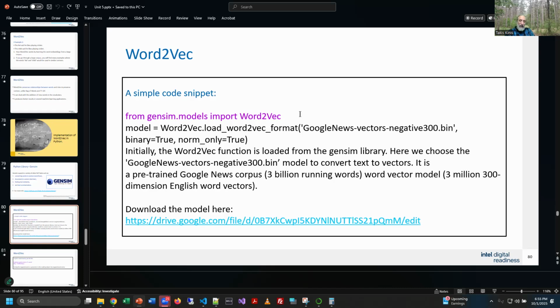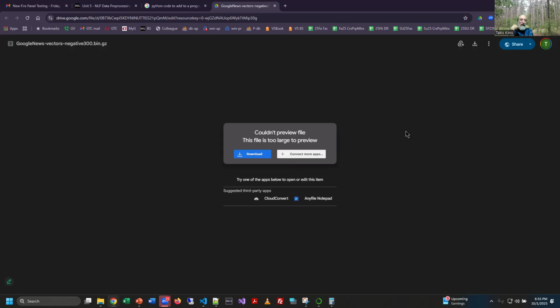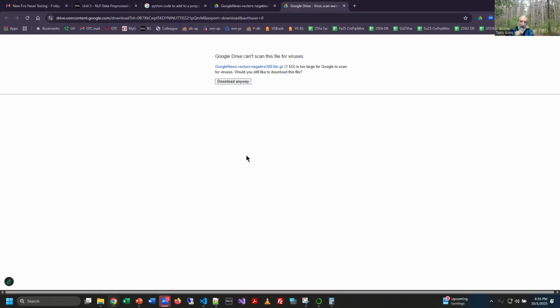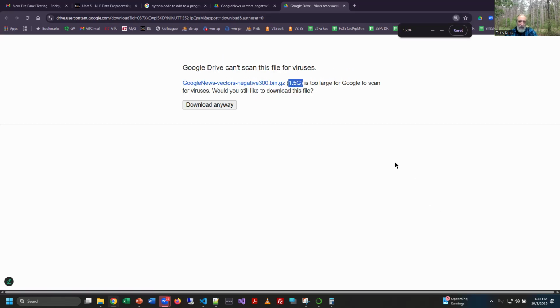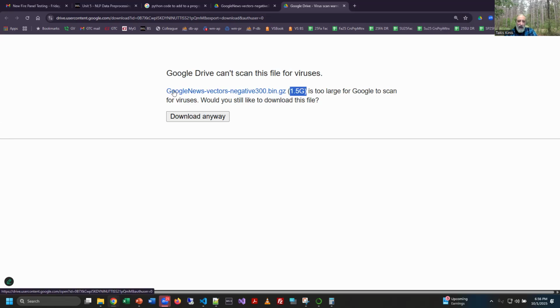So if you want to check out that model, I can just click through to it here and take you there. And notice you can't preview it, so you can't see it on screen, you have to download it. I'm just going to hit download. I'm just curious to see what the size of it is. Can't scan. Okay, fine. Oh, it's 1.5 gigs zipped. It is in gzip format, and I don't know if you guys can see this well, but that file is a binary file in gzip format, meaning you have to decompress it on a Linux machine.